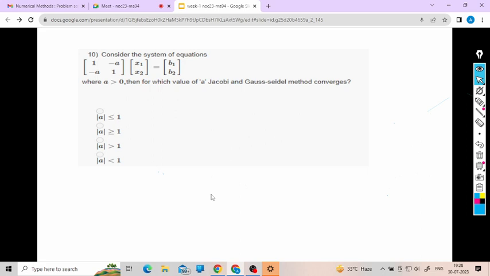Yes, Ayush, the convergence criteria is that the matrix is strictly diagonally dominant.